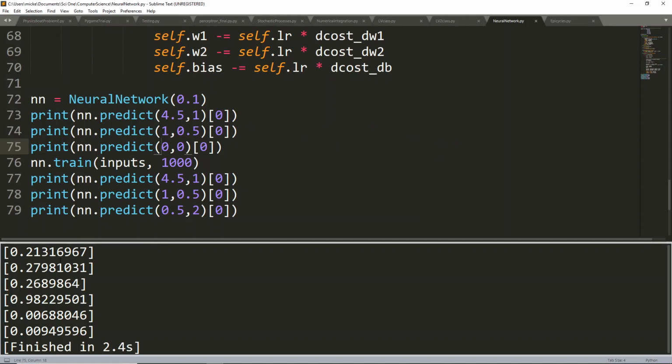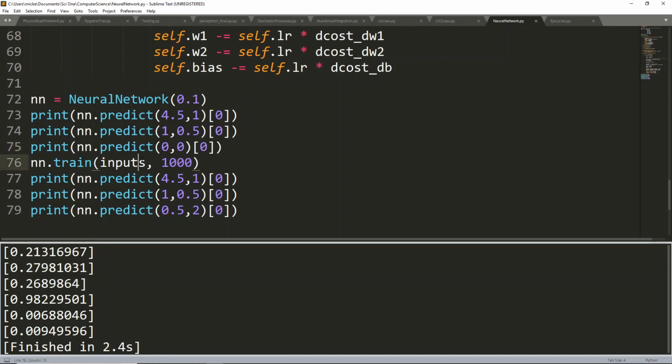And then the neural network outputs 0.21. So if you remember, if it outputs 0, it thinks it's species 0. And if it outputs 1, it thinks it's species 1. So before any training with just random weights and everything, it's not really sure what species this is. It just kind of basically gives us a random output.